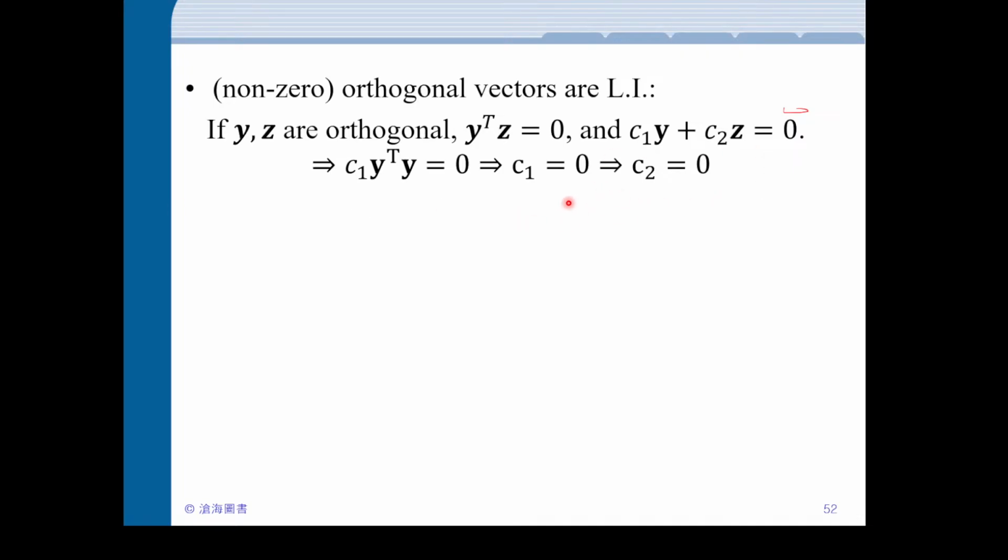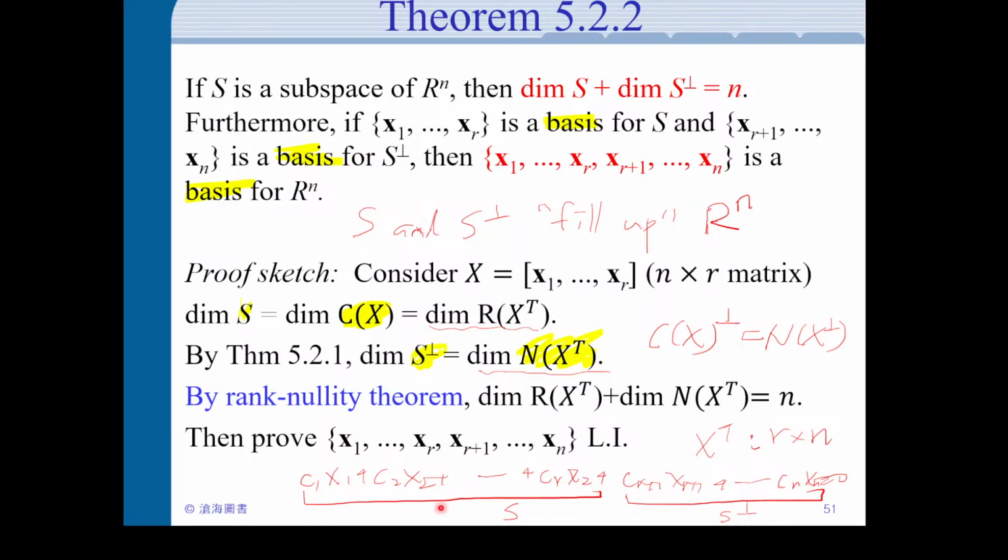And similarly, c2 equals 0. Okay, so because those two are linearly independent, the whole thing must be linearly independent. This is actually a more complicated proof than what we have in the book. The book actually just says this is y, and yeah.